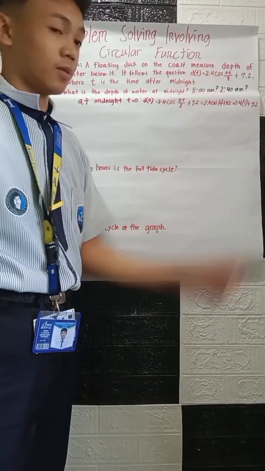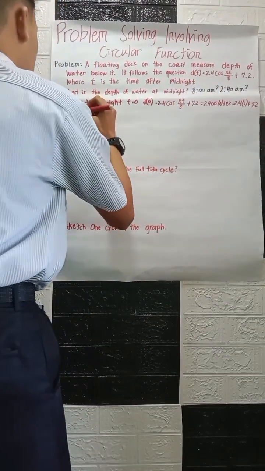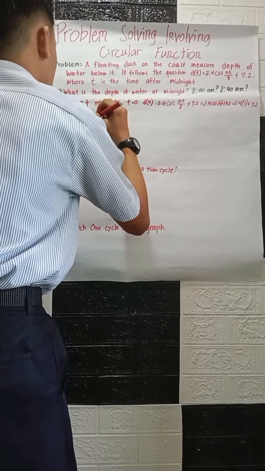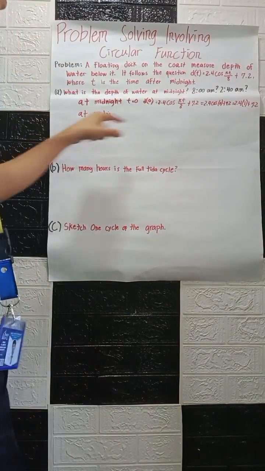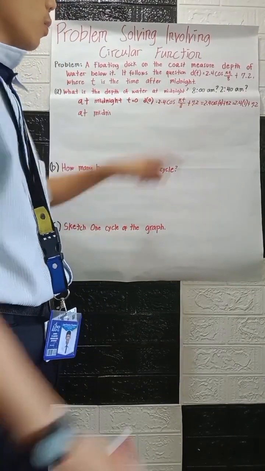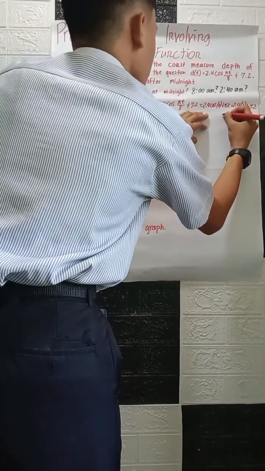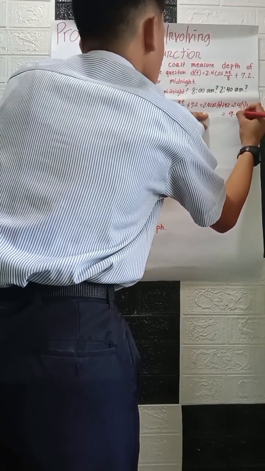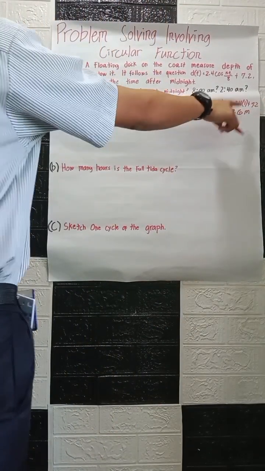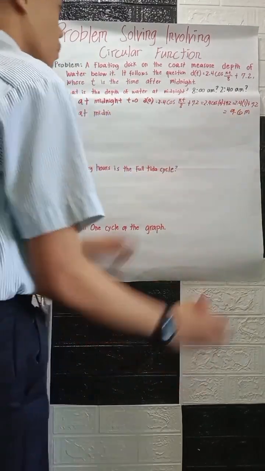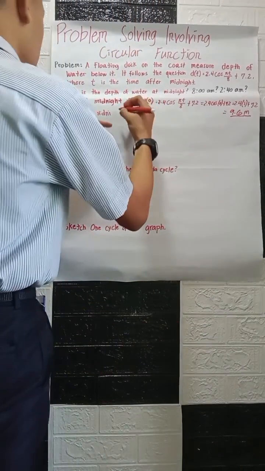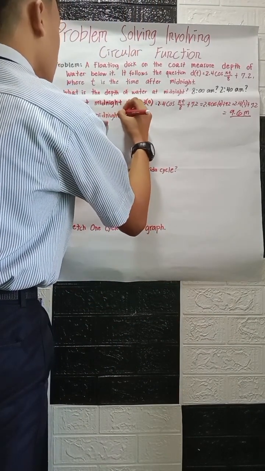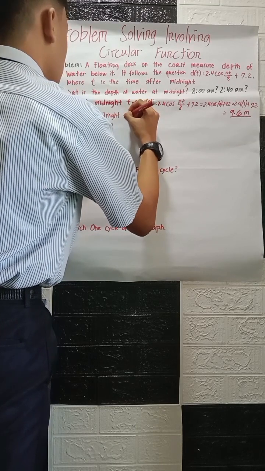Kung inyo ni-check sa inyong scientific calculator, ang answer is 1. So at midnight, 2.4 cosine 0, which is 1, so 2.4 times 1 plus 7.2 is equal to 9.6 meters. Then for after 8 a.m., t is equal to 8.